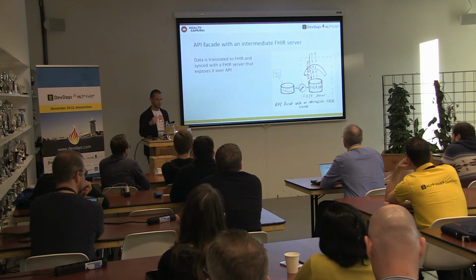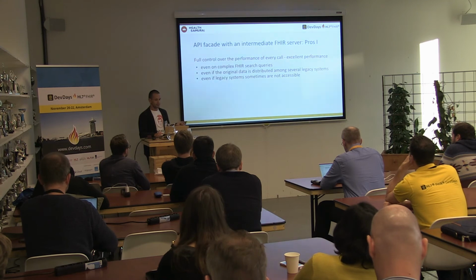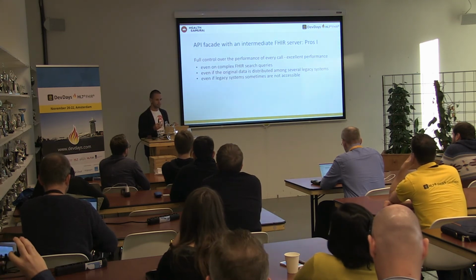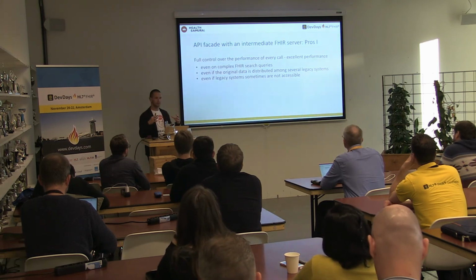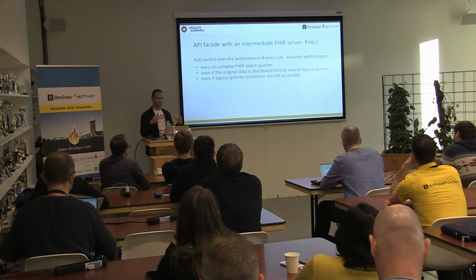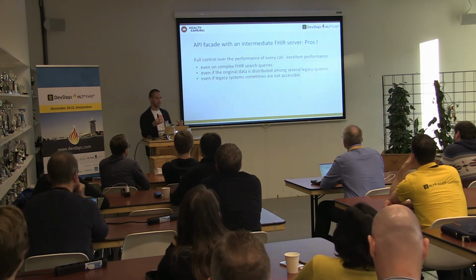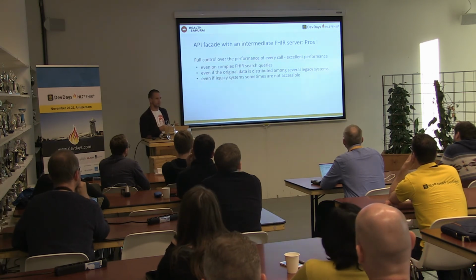And essentially, the FHIR server takes care of all the queries, right? What are the benefits? First of all, performance, right? If you have all the data replicated to a FHIR server, you have full control over performance and how these queries are executed.